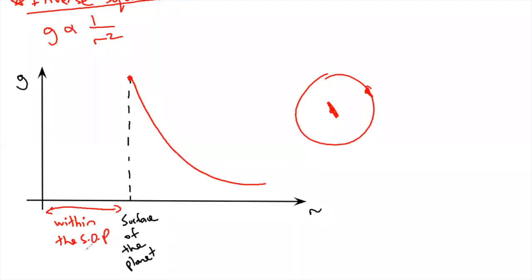SOP means surface of the planet, and this means beyond the SOP. You have 2 options. Is it going to be 0, is it going to be constant, or is it going to be like this? Which one do you choose? How does G vary inside the planet?